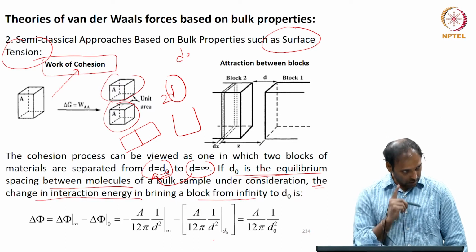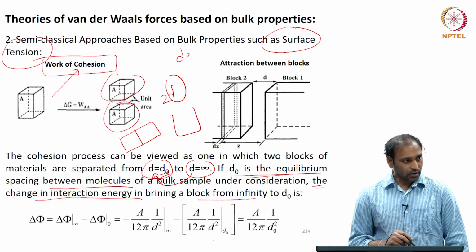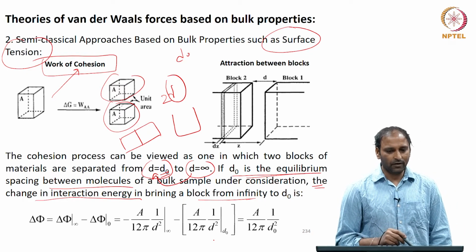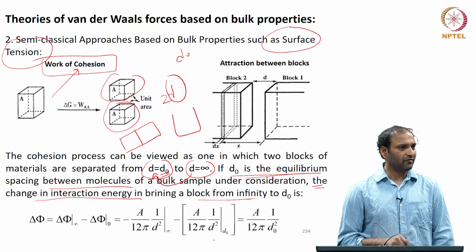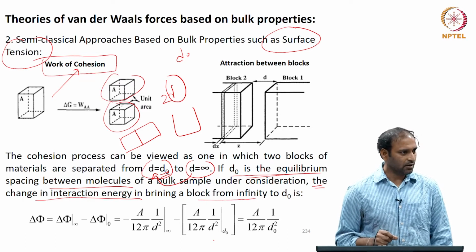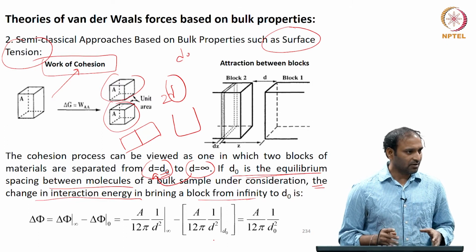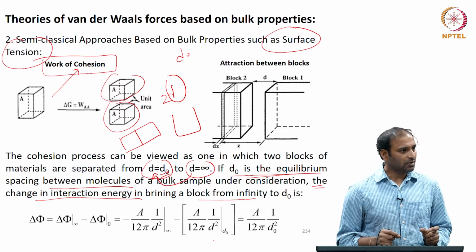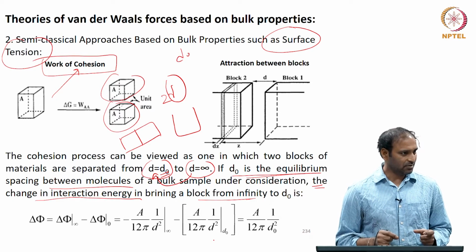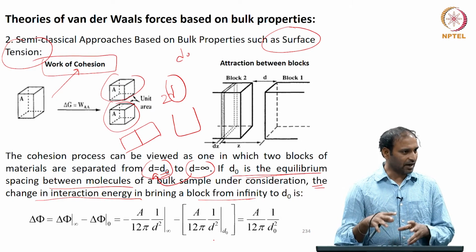What do you mean by equilibrium spacing in this context? If I am talking about a block of water, because you have various interactions between water molecules, the fact that they are still in the liquid state is because there is some overall interaction energy, the balance of attraction and repulsion.